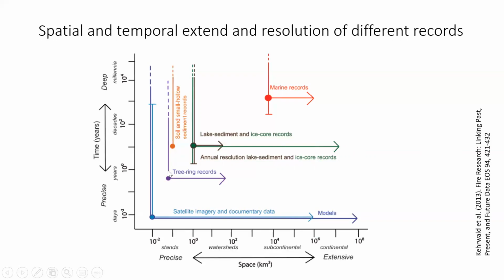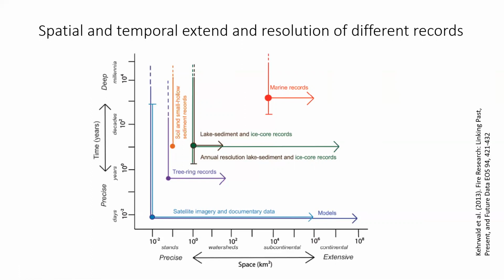Then we have the tree ring records that usually give quite precise information for the temporal resolution, because you can analyze them, for example, in 1 year resolution when you are calculating tree rings.